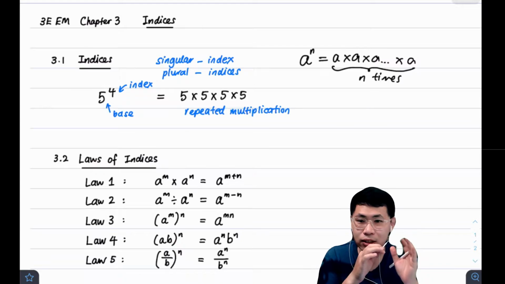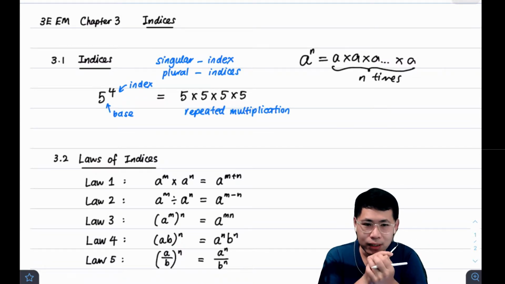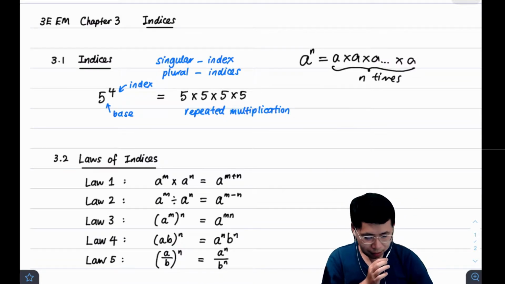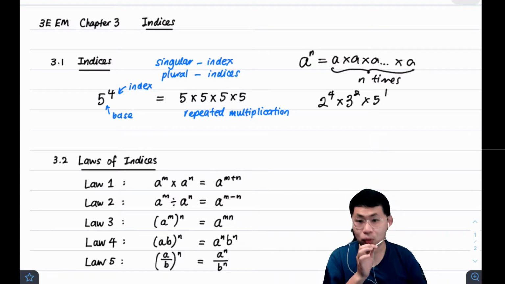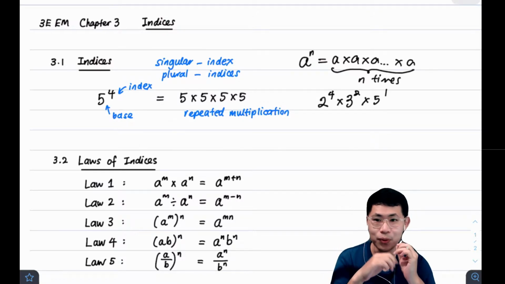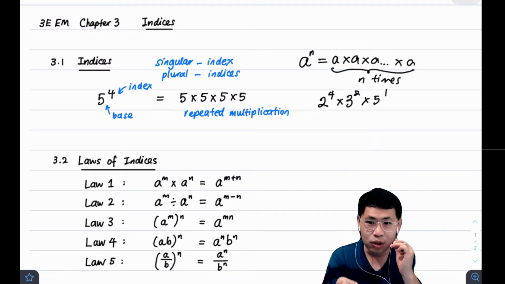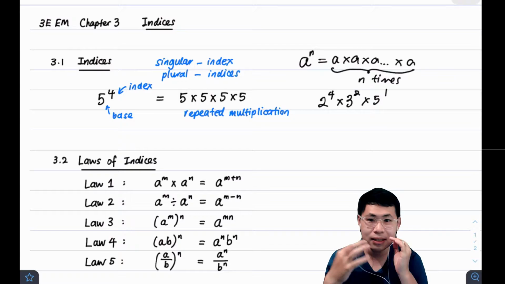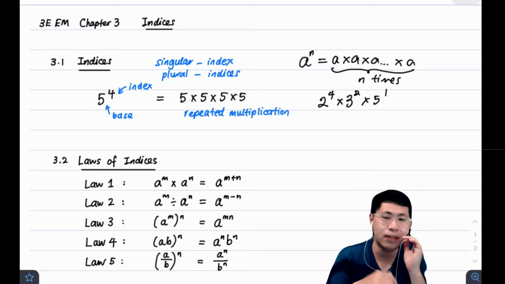So this is the general index notation for just one number. Of course, as you can see in prime factorization, there are numbers such as 2 to the power of 4 times 3 squared times 5 to the power of 1, and so on and so forth. This is also index notation, but with multiple bases together. The bases are 2, 3, 5. The indices are 4, 2, 1, the respective indices.